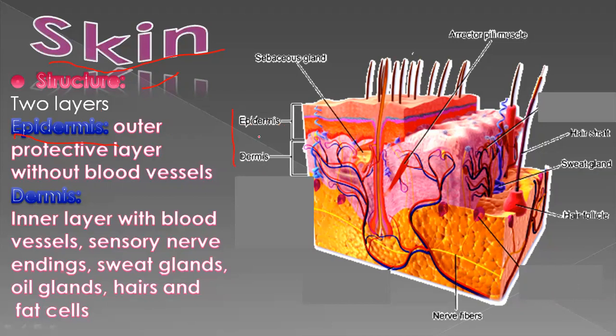The outer layer is very thin, you can see here, and that is for protection purposes, that gives a protective layer to our body to protect the internal organs and systems of the body, and that is without blood vessels, nothing is there, you can see here.